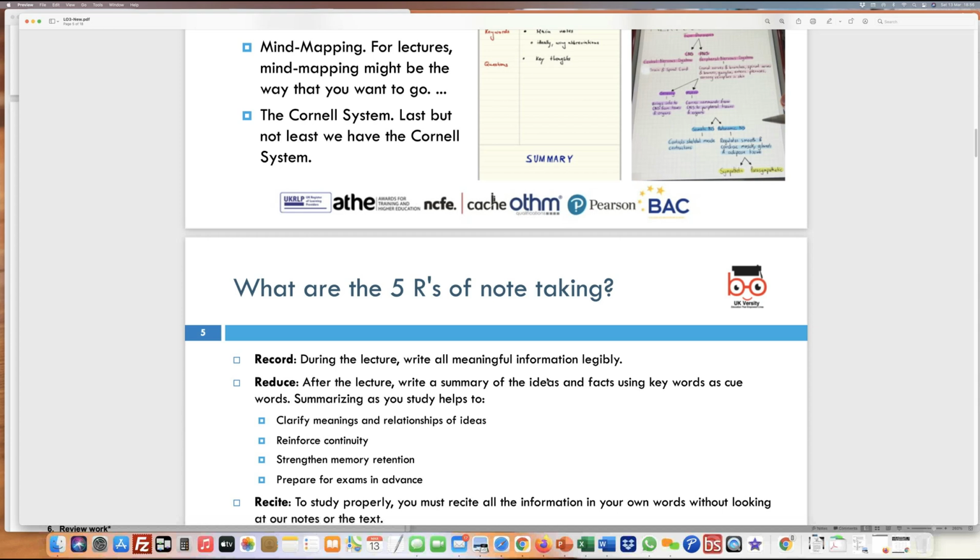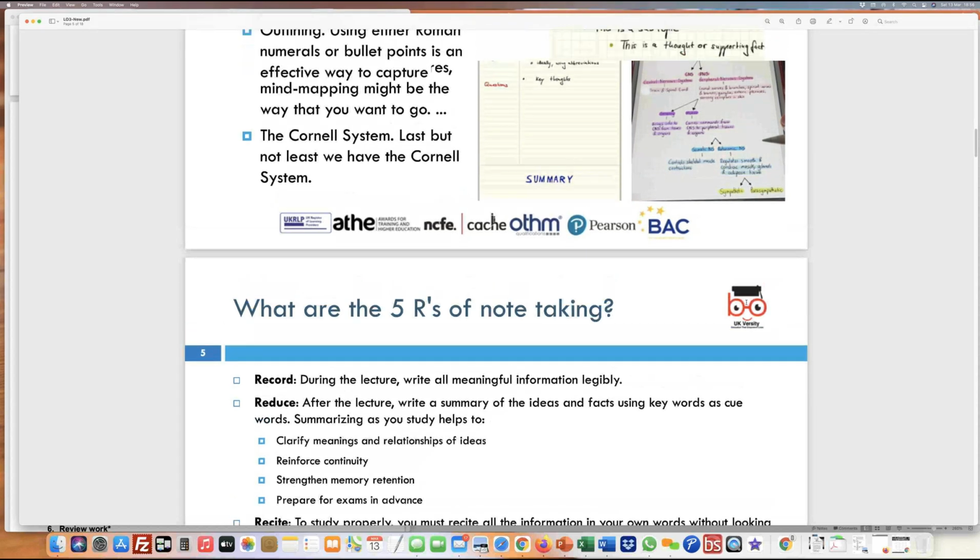That's why it's called the Cornell method. What he advocated was that this form of note taking organizes and condenses the notes in your own words, so that when you make notes, you're not writing down full sentences or details, but you're jotting down summarized pieces of information or points which will help recall the topic at a later stage.